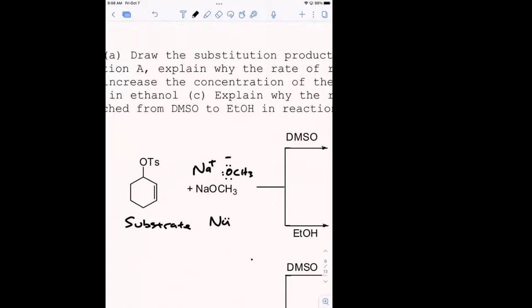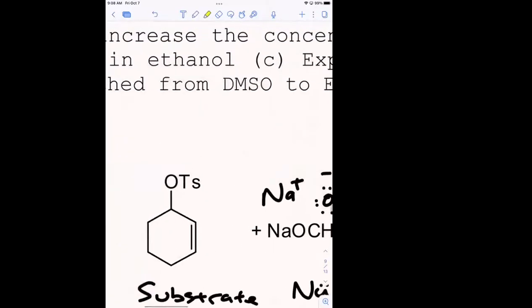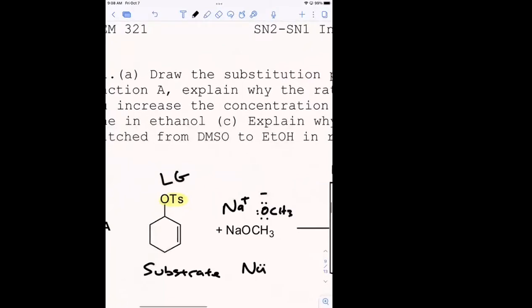I'm going to say the OTs. This is my leaving group. It's always the most electronegative atom, or, how do I put this, a functional group that can be stabilized, right?